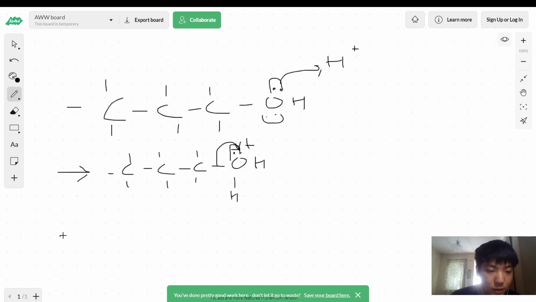Then the pair of electrons from the C-H bond adjacent to it, which is this one, gets attracted to the single carbon-carbon bond to create a double carbon-carbon bond, which therefore would create an alkene.